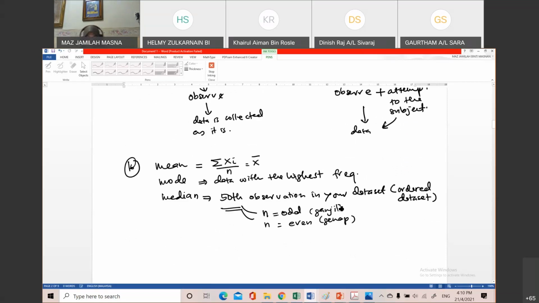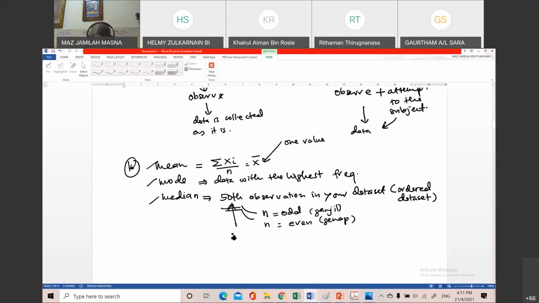Now, from this, which of the mean, mode, median can have more than one? Tell me. Median? Wrong. Median will always be one value because it will always refer to the middle value. The same for x bar, one value only. Mode?